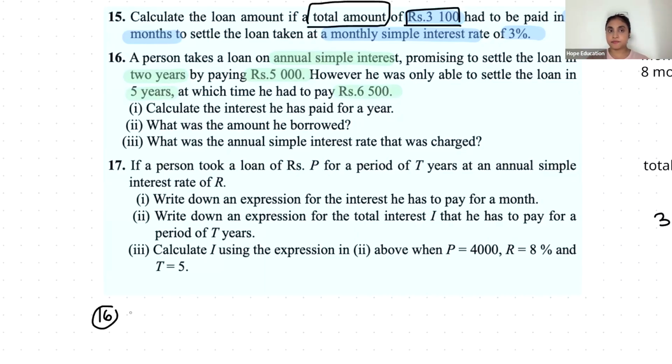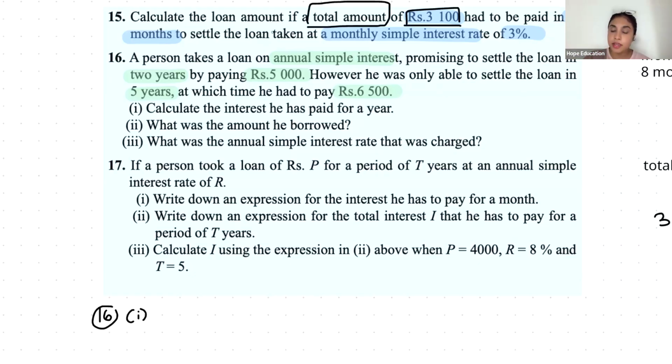Then the 2 years is given on the total amount. Total means loan plus interest. Within 2 years, if he's settling, the loan plus interest is 5,000. But if he's settling in 5 years, the loan plus interest is 6,500.